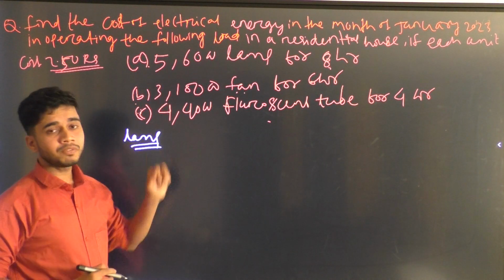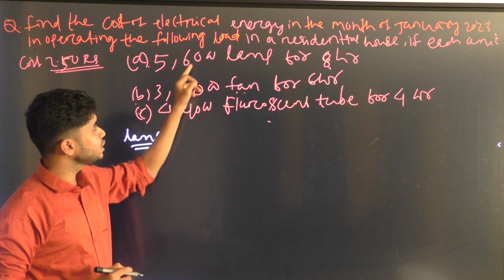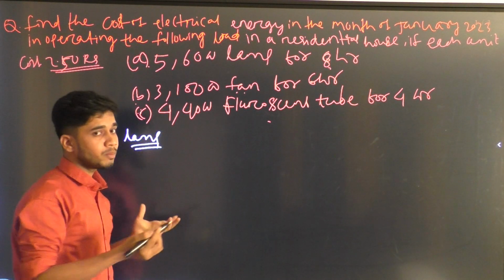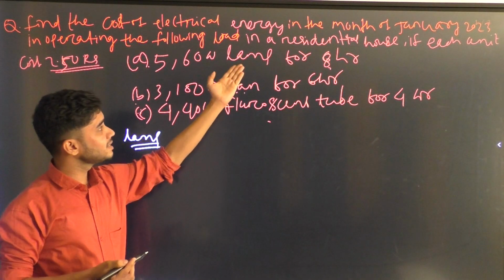There are 5 lamps and each lamp is a 60 watt lamp. So what is the total power requirement of this lamp load?